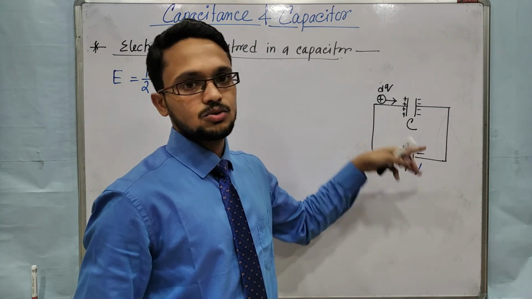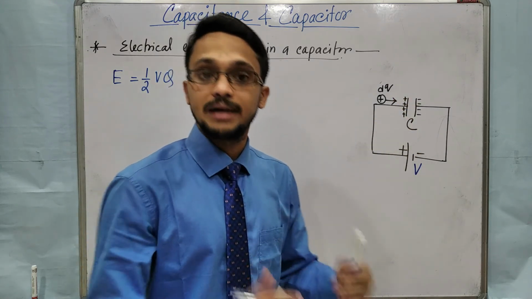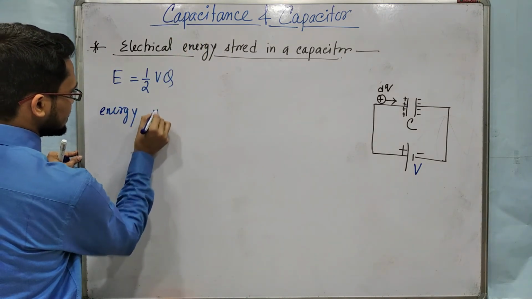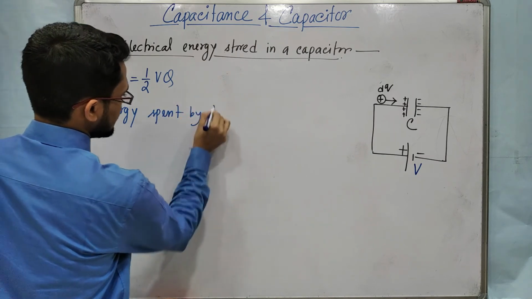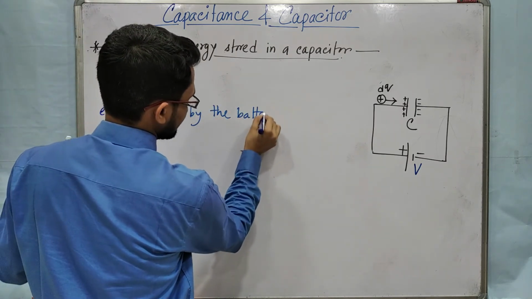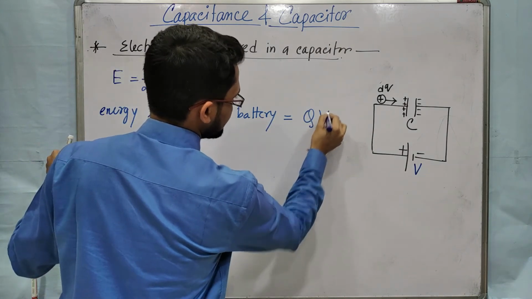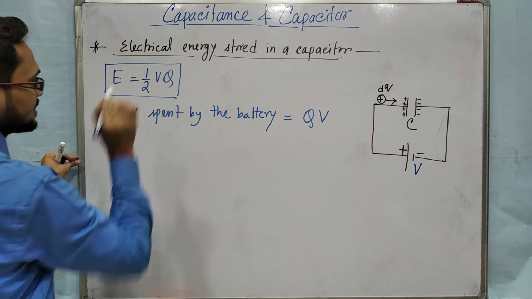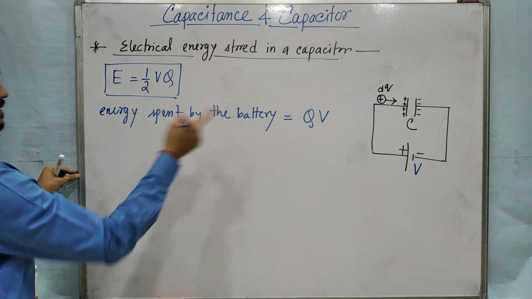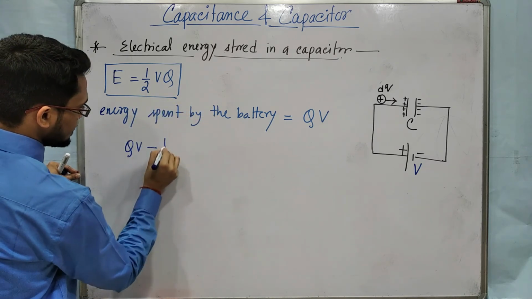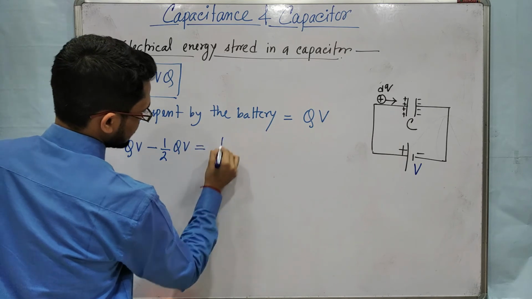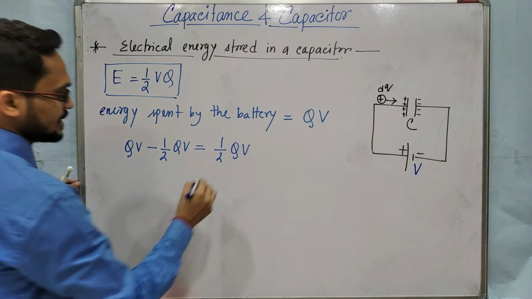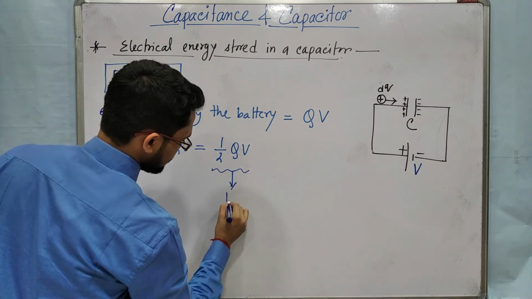That will be V into total charge Q. So energy spent by the battery will be Q into V, and this is the energy stored inside the capacitor. Then the rest part, that means QV minus half QV, remaining part is half QV. So where will that energy go? That energy will convert into heat energy.